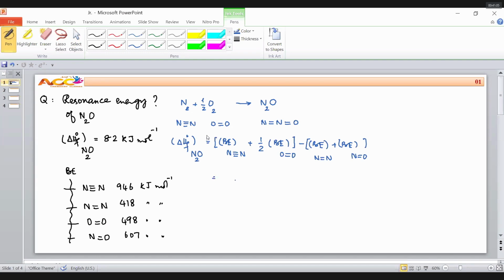All the values are available. You got something. Who is that fellow? Alpha. Now, resonance energy is equal to enthalpy of formation, experimental, minus enthalpy of formation, theoretical. Go ahead. That is the way to calculate the resonance energy.